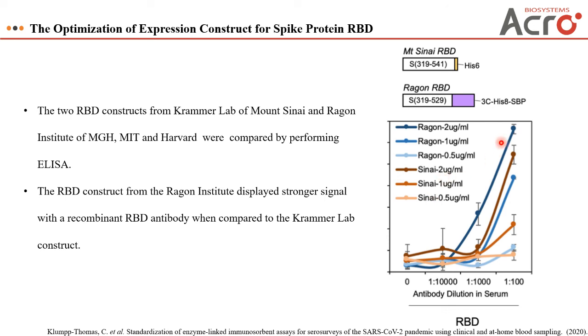ACRO also worked hard on the optimization of RBD expression constructs. We have tested tens of different constructs and have found several constructs that can be used in serological test development, which can increase the sensitivity while maintaining the specificity of the test kits. These products have been launched on our website.